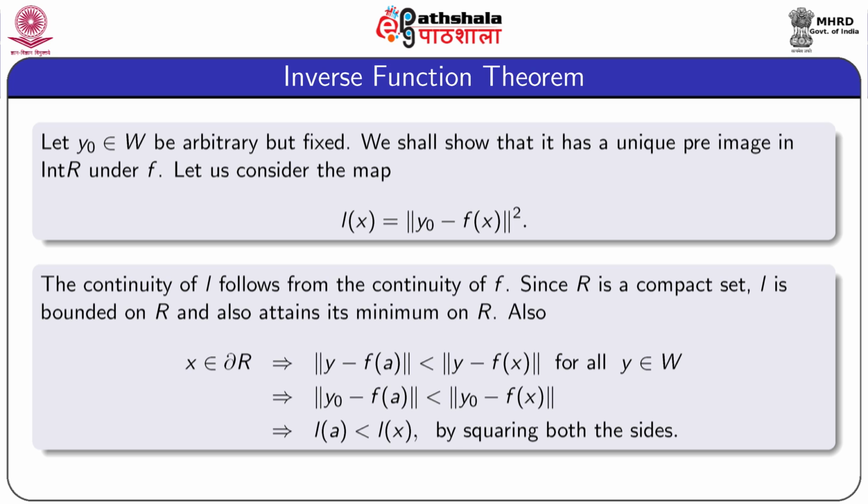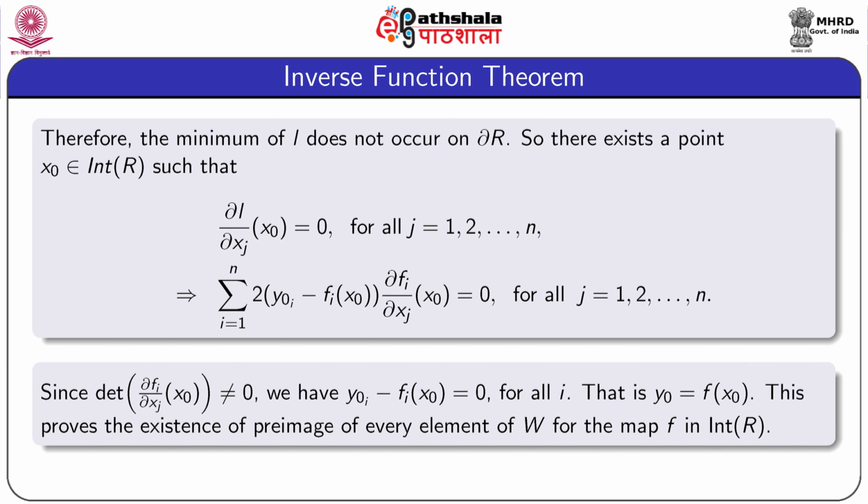Since R is a compact set, l is bounded on R and it also attains its minimum on R. Also, x belongs to ∂R implies the norm of y minus f(A) is less than the norm of y minus f(x) for every y in W. This implies the norm of y0 minus f(A) is less than the norm of y0 minus f(x). We square both sides and we find that this implies l(A) is less than l(x). Therefore, the minimum of l does not occur on ∂R.